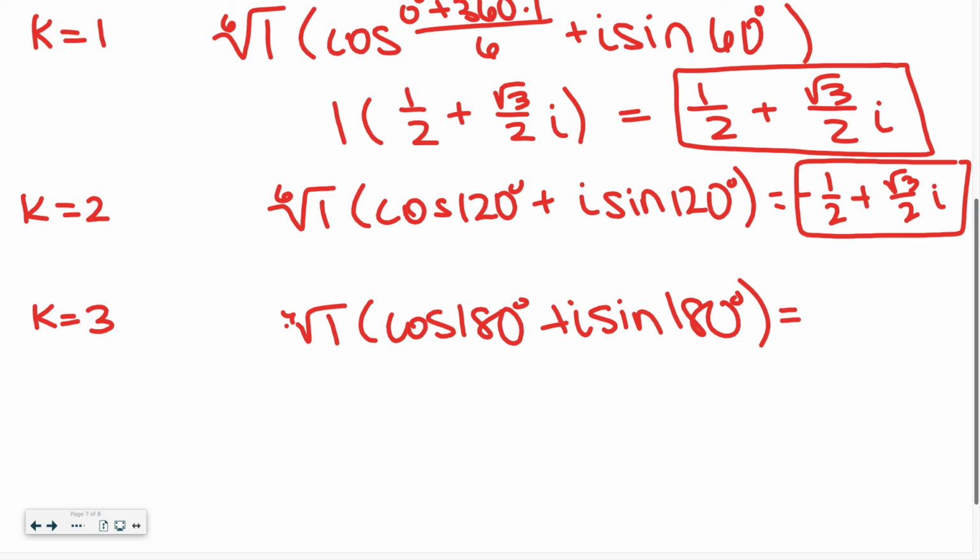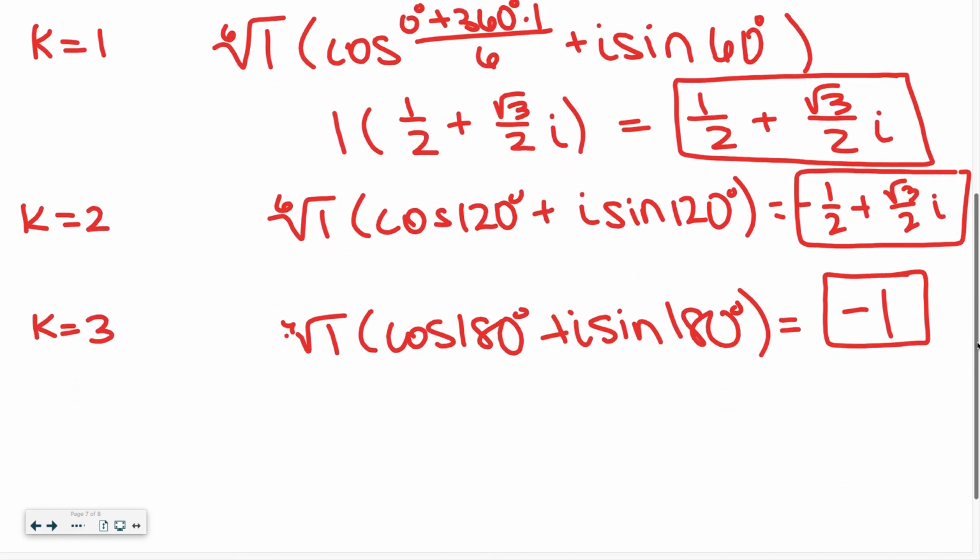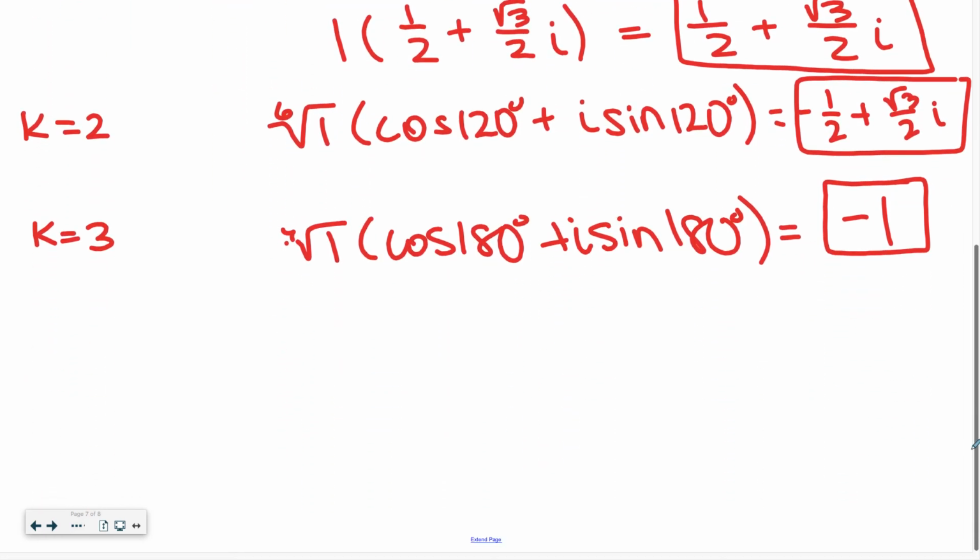The cosine of 180 is negative 1, and the sine of 180 is 0. Hey, there's our negative 1 that we knew we would find. We have 4 roots, right? We only have 2 more. Okay?